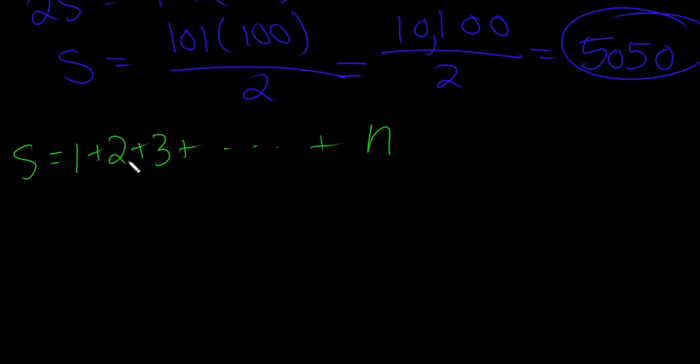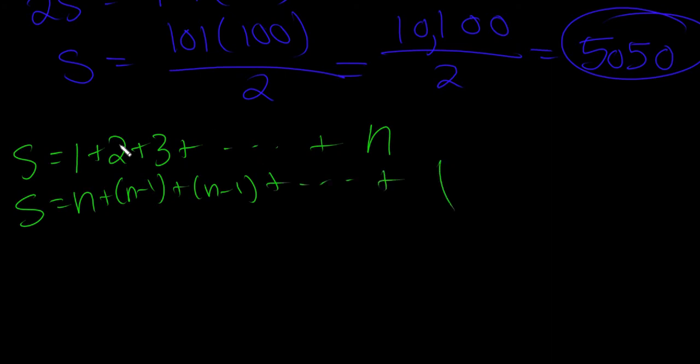If I say that S equals 1 plus 2 plus 3 up to n, I can say the same thing over here. And if I pair these, you can see this is 2S. This is n plus 1. Oops, sorry. It's n plus 1.